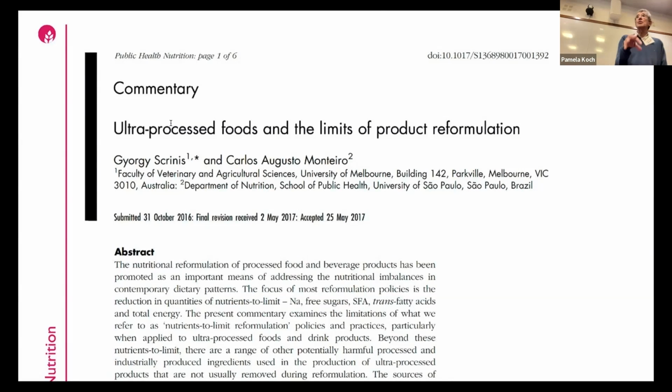And particularly reformulation, because we have two types of reformulation. One reformulation: if you take, let's say, one ultra-processed cookie, and then you transform it into a processed cookie. But to do this, the industry has to remove all flavors, all colorants. If it's an almond biscuit cookie, they have to use almonds.